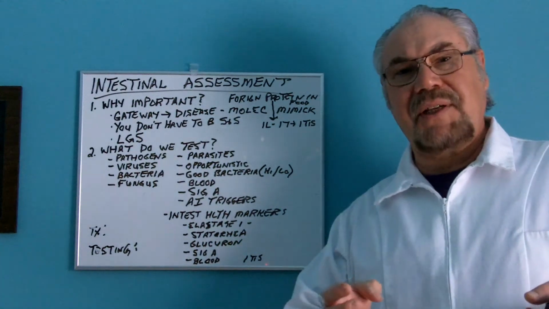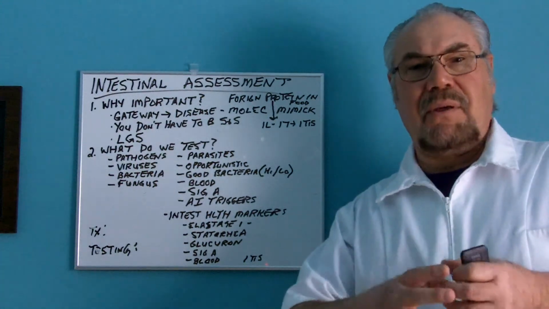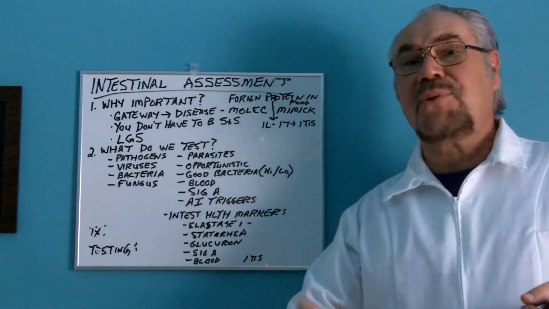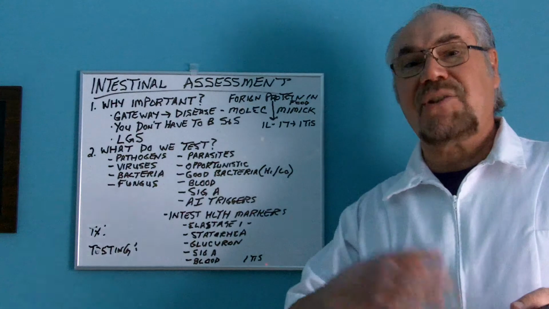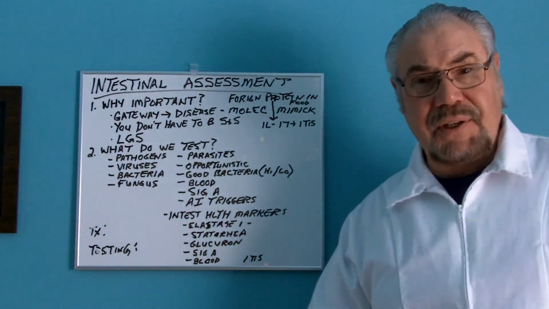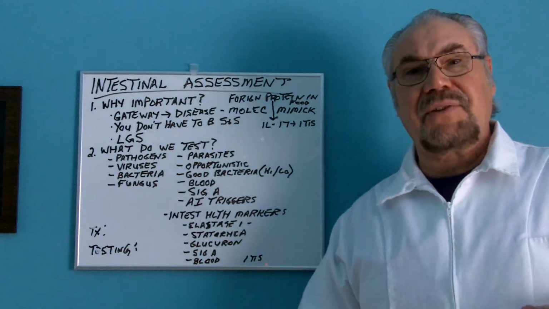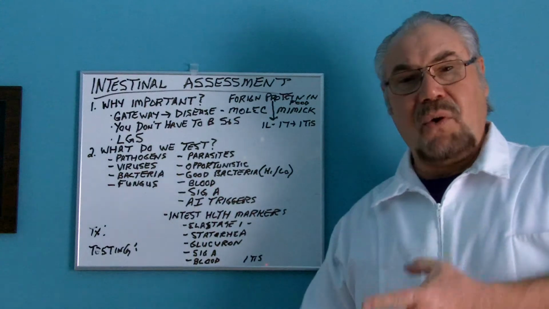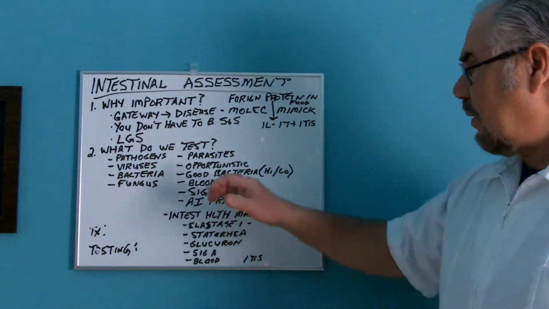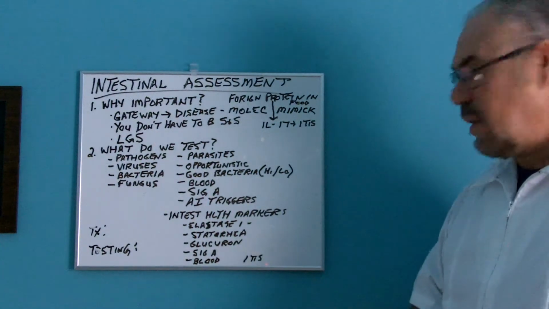You release this enzyme. It's going to unwrap the wrapping around that estrogen, take it off, and you're going to reabsorb that estrogen. You're going to get more estrogen dominant, which it looks like everybody's starting to get estrogen dominant. Okay, and it starts increasing your risk for the estrogen metabolites that cause cancer and other problems. So it's important to take care of a dysbiosis and check your glucuronidase level.